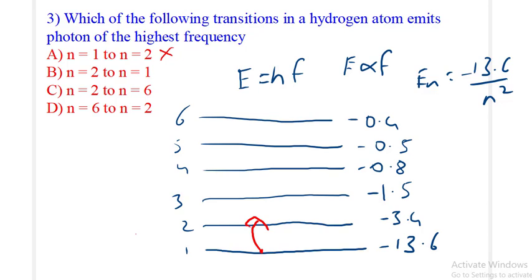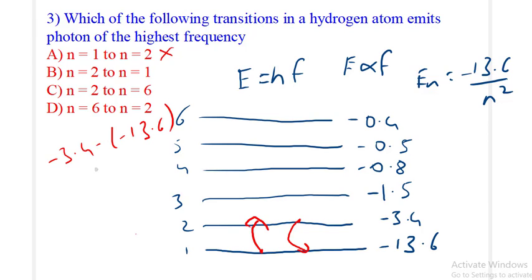The second case is from n equal to 2 to n equal to 1. In this case, of course, we will get radiation, because the electron jumps from a higher orbit to a lower orbit. So what is the difference? Minus 3.4 minus of minus 13.6.